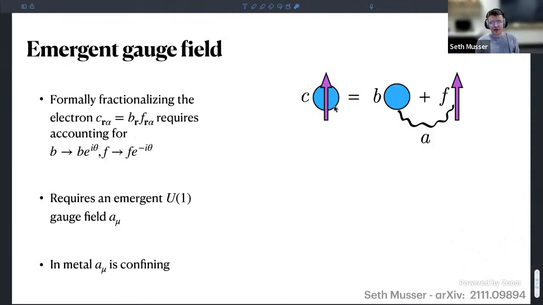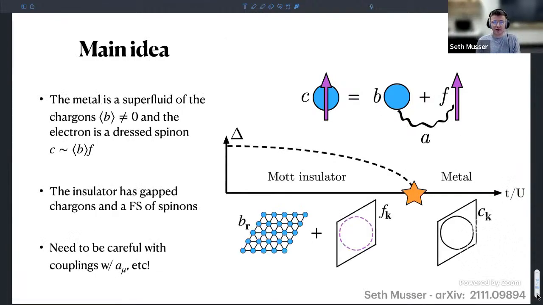To deal with this, we get this emergent U(1) gauge field A. In any sensible system where your electrons are your true degrees of freedom, A is confining. A binds the chargon and the spinon together.